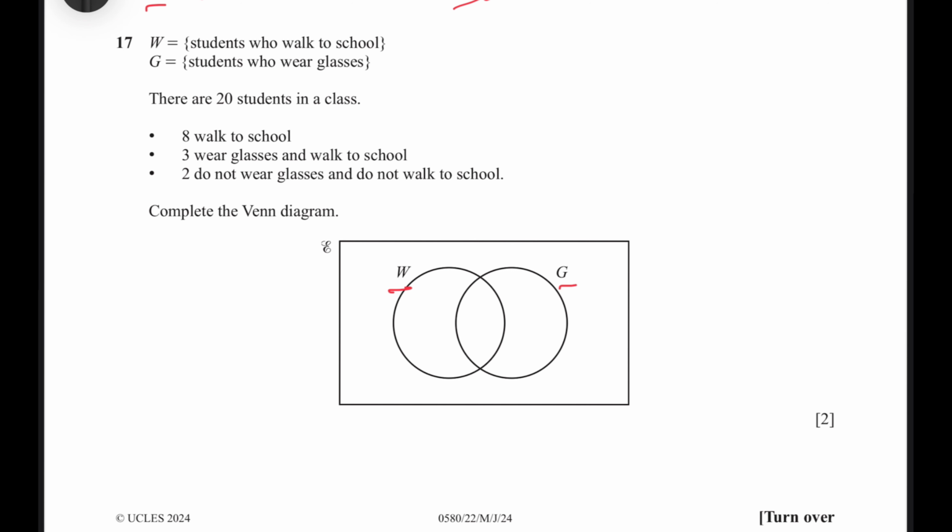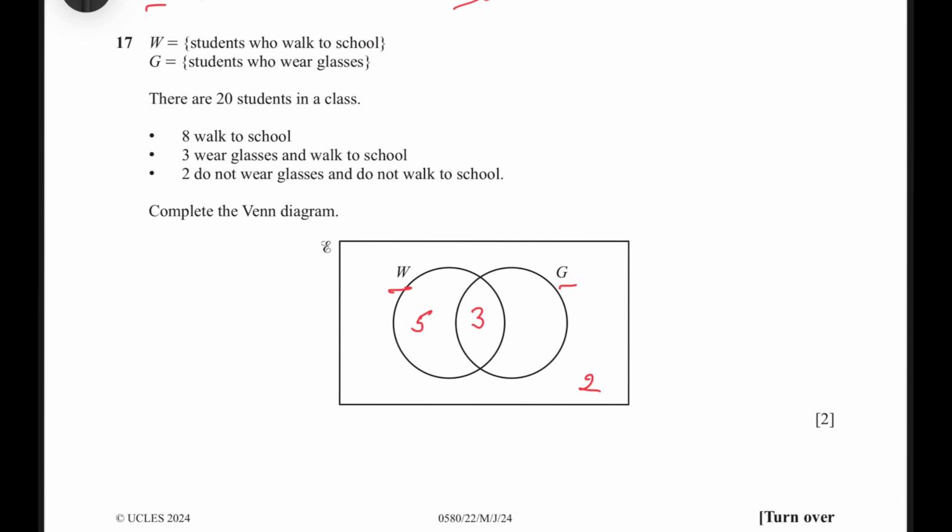So first of all, we are going to fill this, because 3 is basically common: those who wear glasses and walk to school. 8 walk to school, so 8 minus 3, 5 are the ones who walk to school but don't wear glasses. And 2 do not wear glasses and do not walk to school.